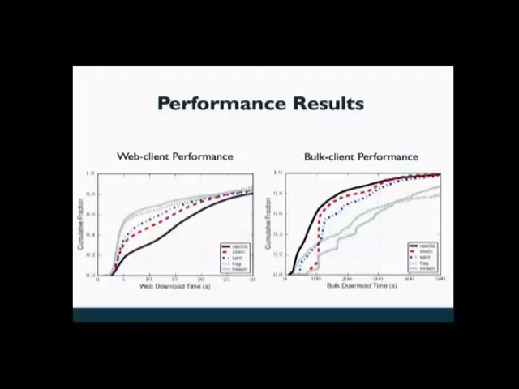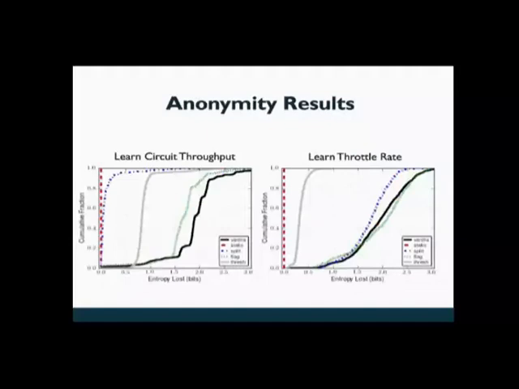So we've shown that these throttling algorithms are a clear winner in terms of performance. We also look at how throttling affects anonymity. An adversary can potentially learn two things from a guard node who is throttling. He might be able to learn the throttle rate of the guard node, so at what rate is the guard node throttling a particular circuit or a particular connection?